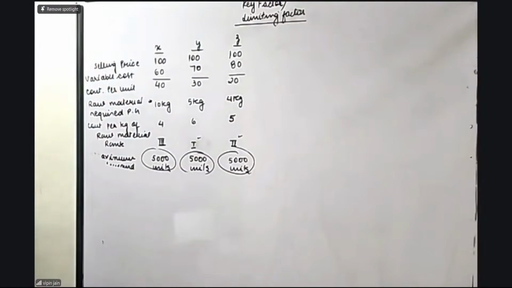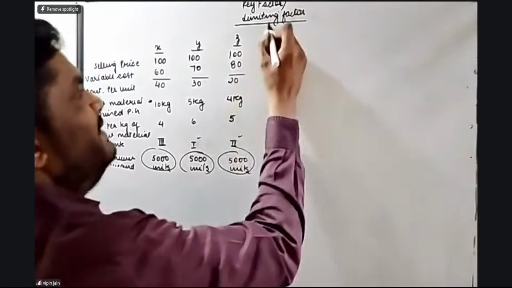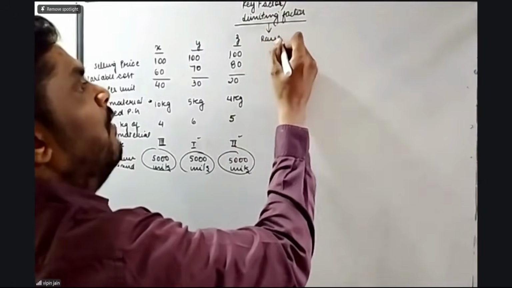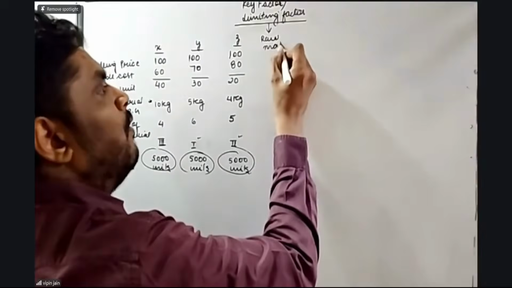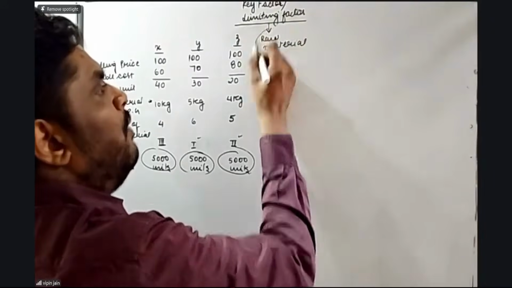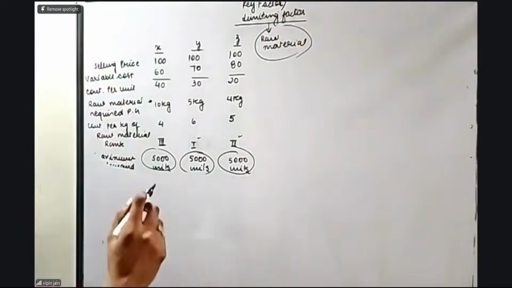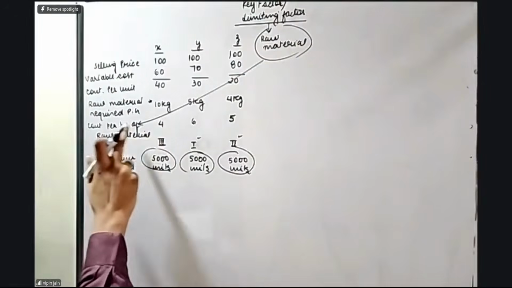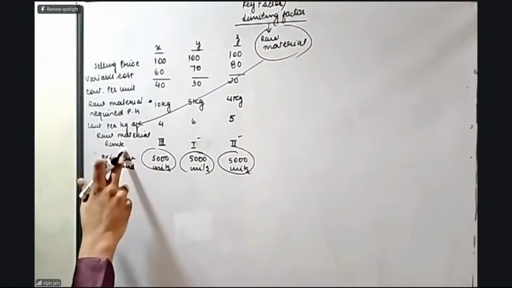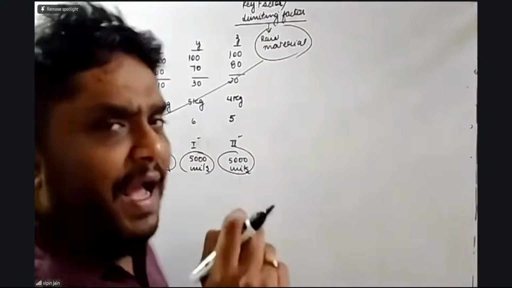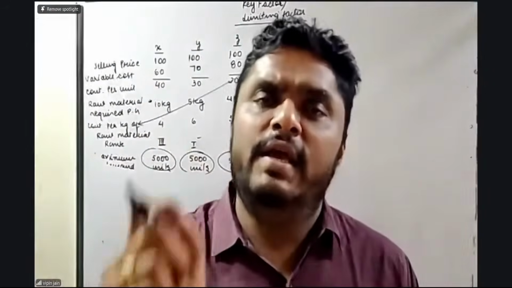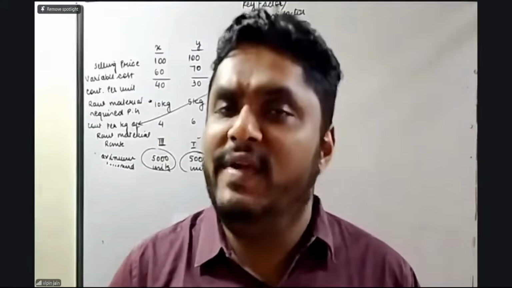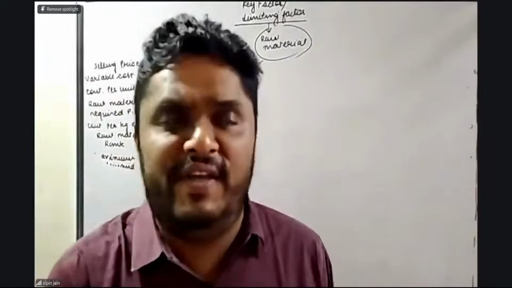See, here since raw material was my key factor, my entire decision was based on what? Contribution per kg of raw material. Because the product with the highest contribution per kg was the product we were giving the first priority and manufacturing.